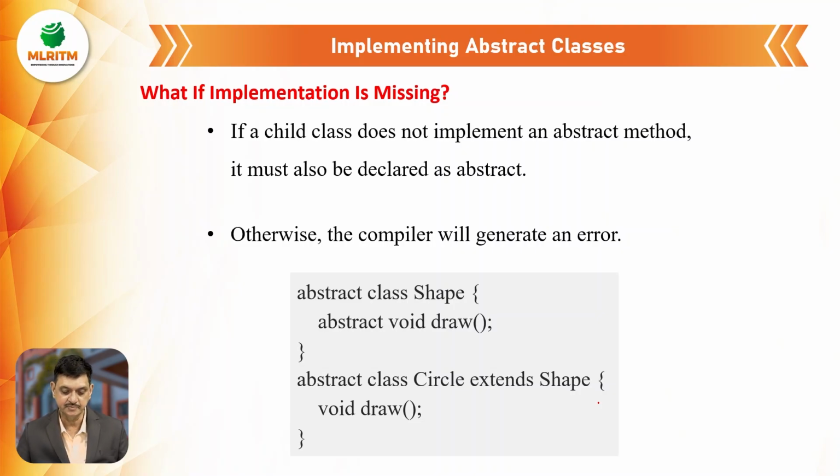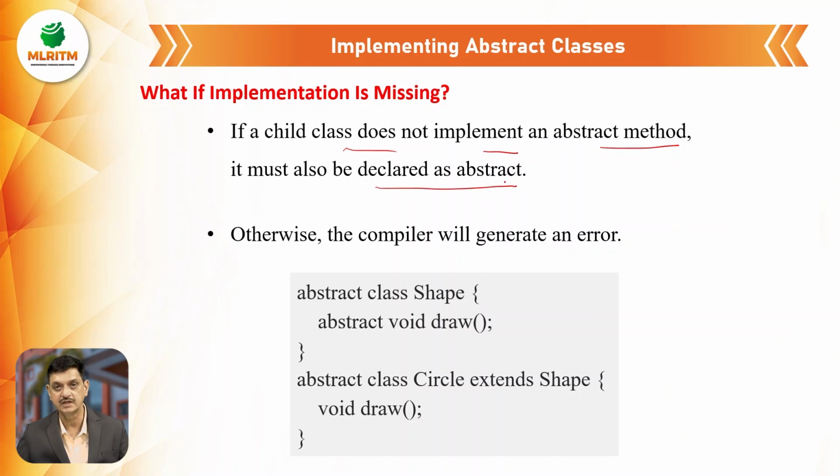So what does it mean? The child class must implement the abstract methods from the abstract class. It must; otherwise, the child class also must be declared abstract.